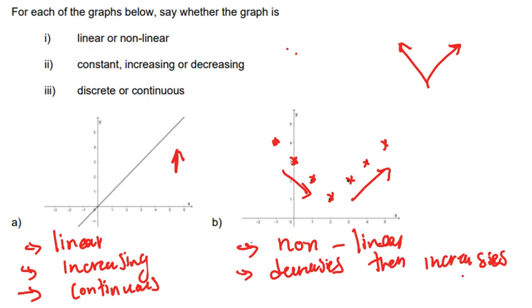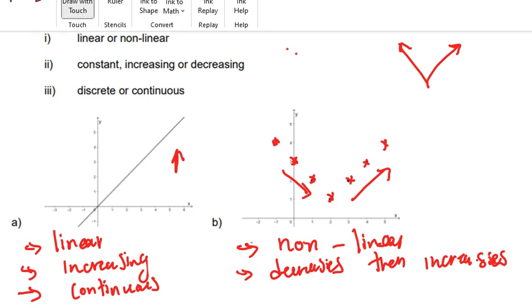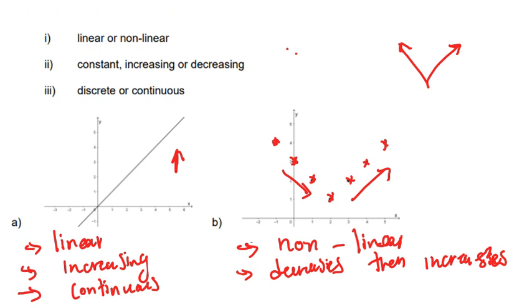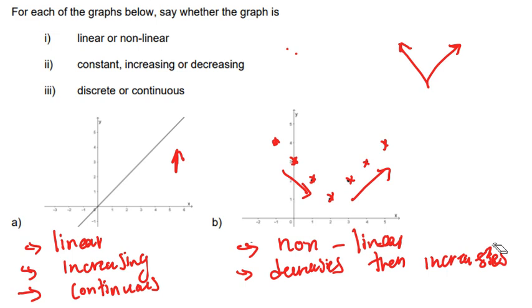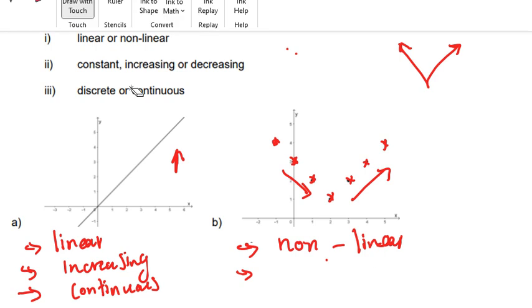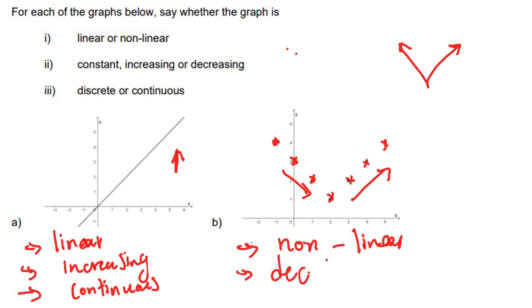So this is what you can say on your graph. Your graph decreases, then increases.